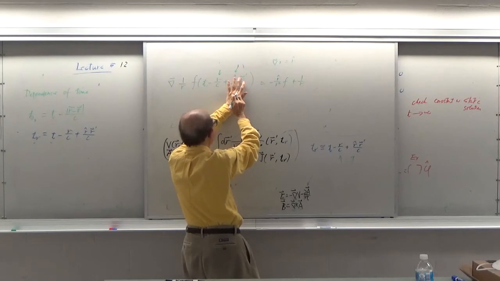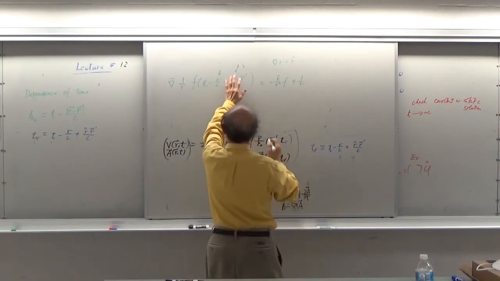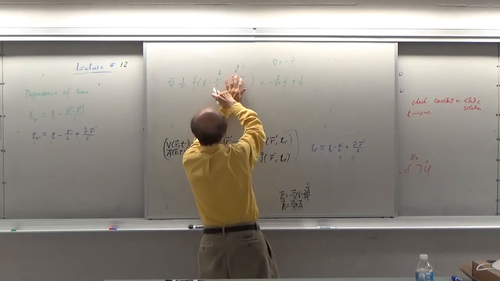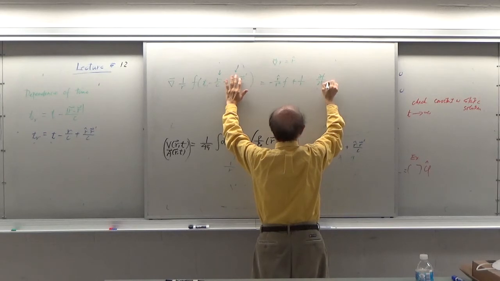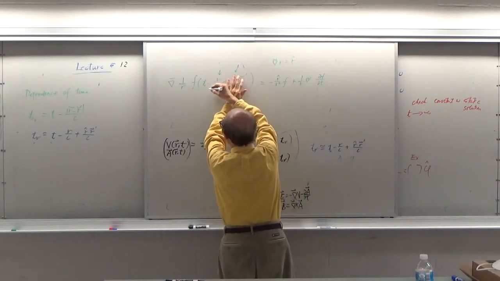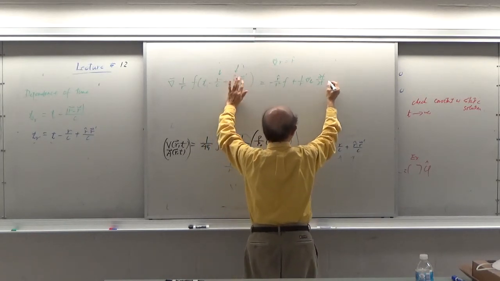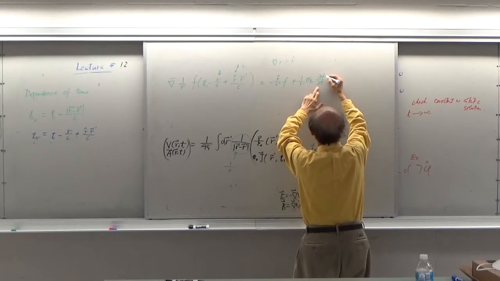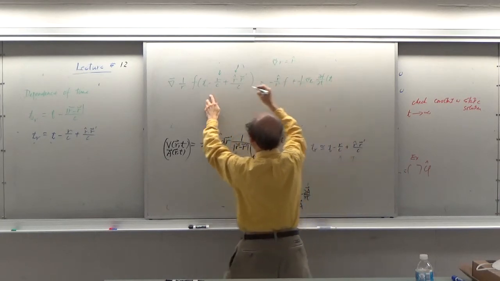So how do we do it? All we have to do is to use the chain rule, so that this appears as del f by del t, and then the gradient acting on t_r, and del f by del t is eventually evaluated at t_r, the retarded time.